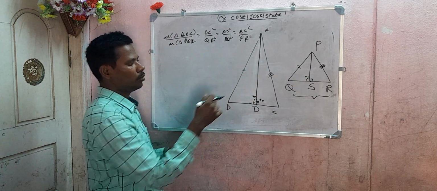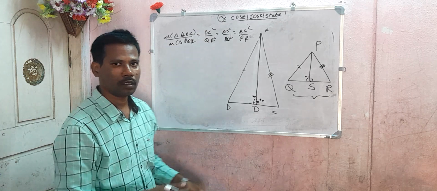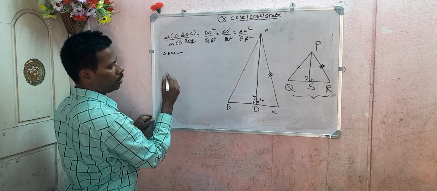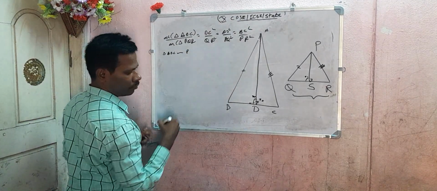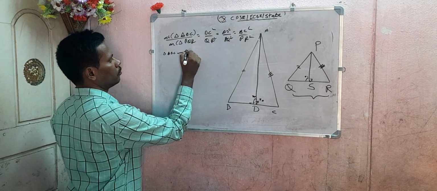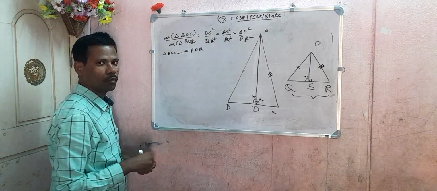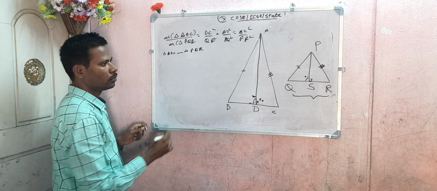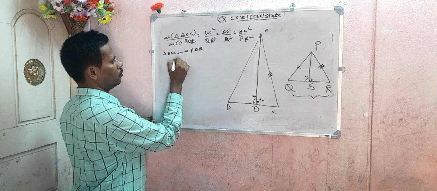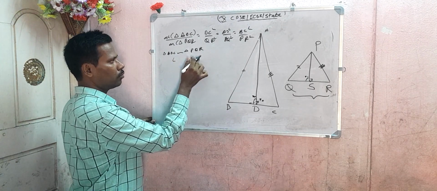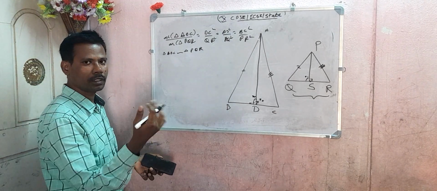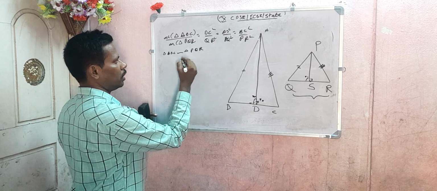Now already given, triangle ABC is similar to triangle PQR. Now let us prove it. Triangle ABC is similar to triangle PQR. Why? Already given. If two triangles are similar, what does it say? Corresponding sides are proportional.